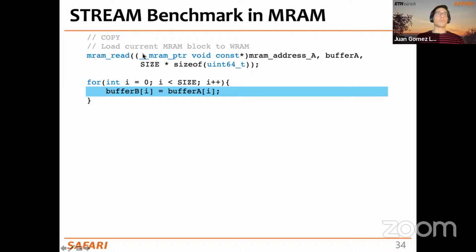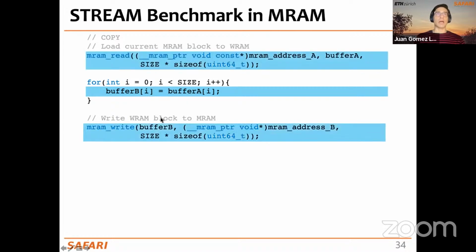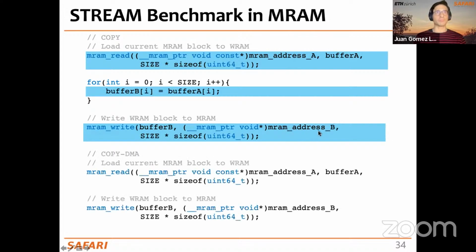So we have this MRAM read that brings something from MRAM into buffer A, and after moving data in WRAM, we have to write back from buffer B in WRAM to the corresponding memory address in MRAM.